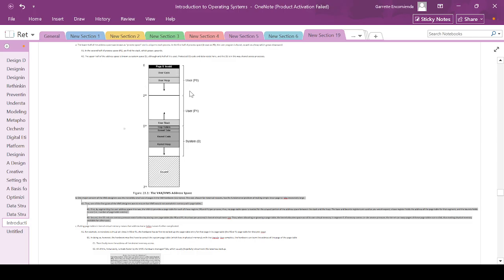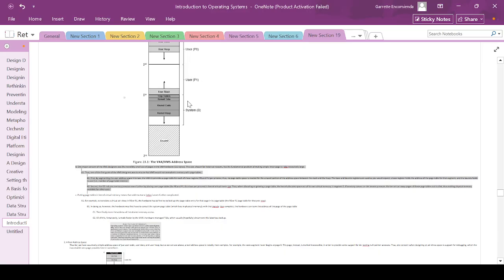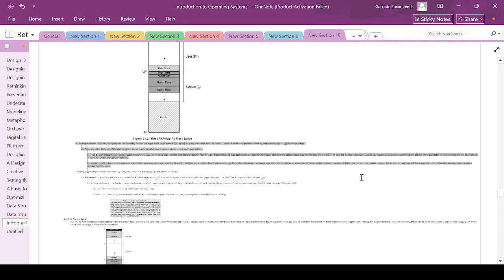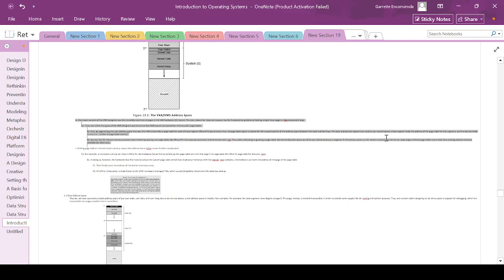As you can see, guys, this is just one process. This is the user code, the user heap and the user stack, but we divide that into two user spaces. The base and bound registers are used as you would expect. So this is the application of the base and bound registers in real life virtual memory.